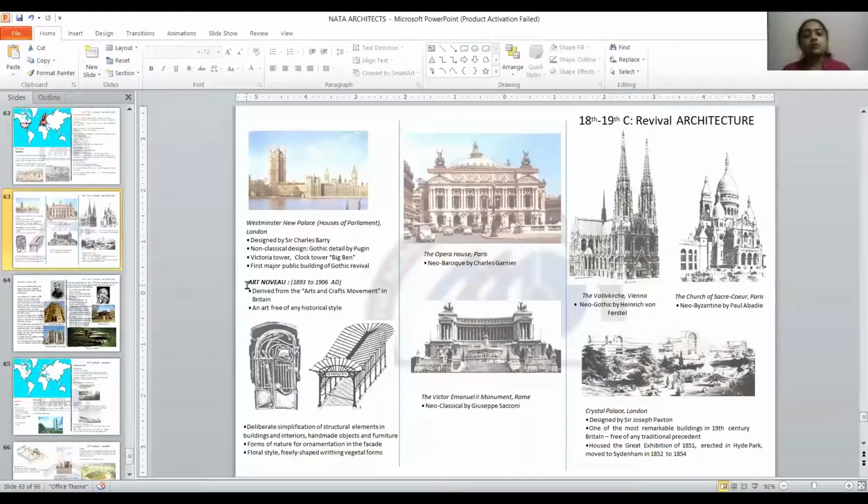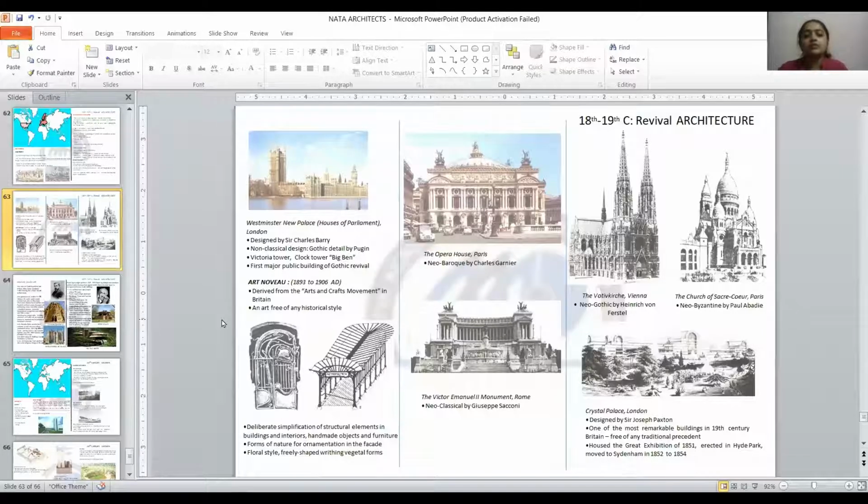Art Nouveau is a movement that came about because of the Arts and Crafts movement in Britain, and Art Nouveau is a very decorative movement. It is a combination of many other elements, like Gothic, Renaissance, and Romanesque.